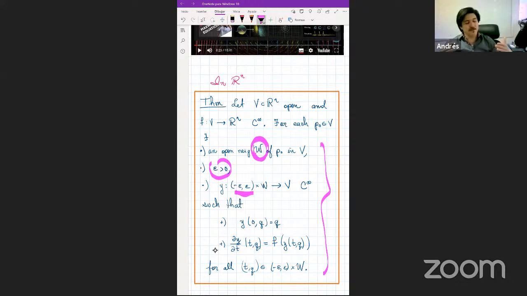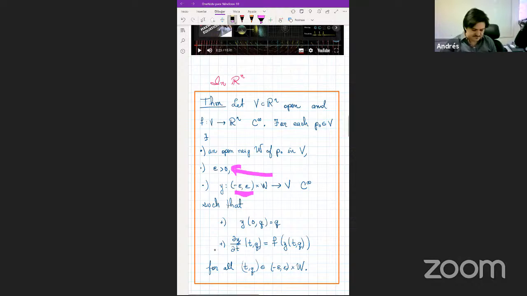But you cannot talk about the minimum because there are infinitely many integral curves. So you will talk about the infimum. But it so happens that it is positive. So this is more or less what this epsilon is saying, so that all of the integral curves will have a common domain, minus epsilon comma epsilon.